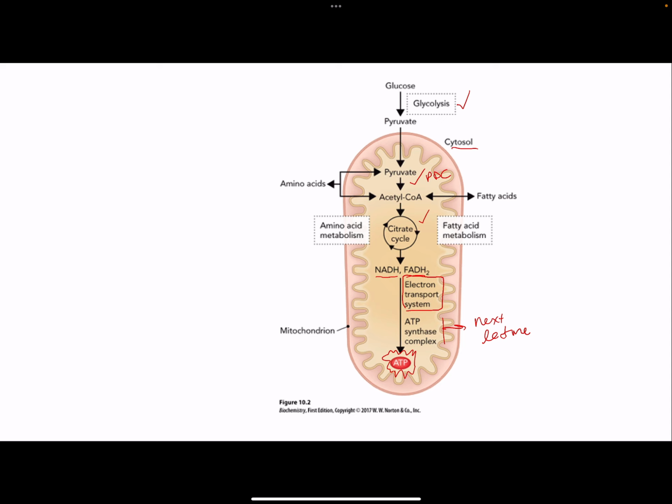So, important take-home points here are we're in the mitochondria, we're at the end of our metabolic stretch here, where we've started from glycolysis, then to PDC, then to the citrate cycle, or TCA, and now this is at the very end where we're going to convert these coenzymes to ATP.